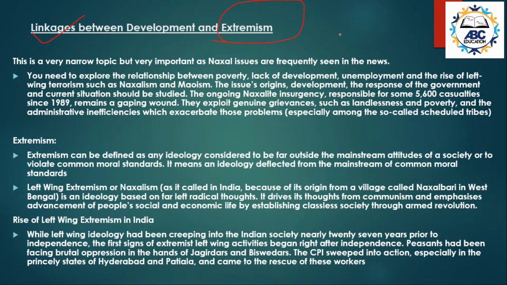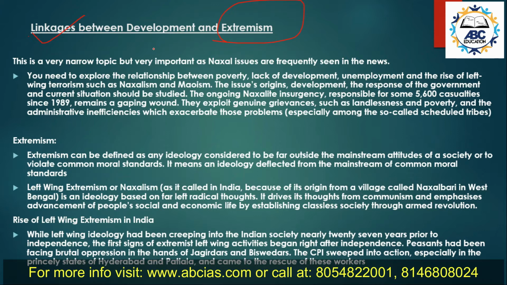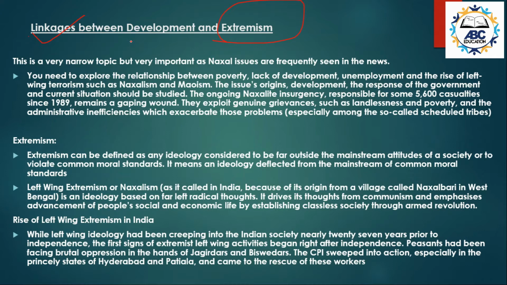ठीक है, तो और फिर आपको जब extremism और Naxalism का problem पता होगा, तब आप link कर पाओगे that how is that lack of development and lack of governance, and due to the lack of governance, due to the lack of development, and due to problems like poverty and unemployment, how these kind of factors are affecting the proliferation of the problems of extremism and Naxalism.